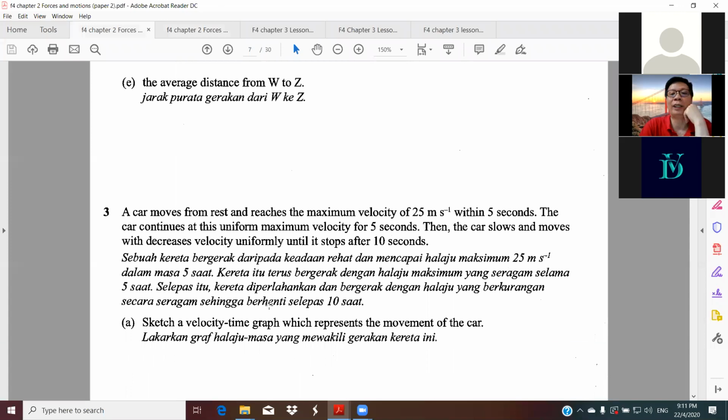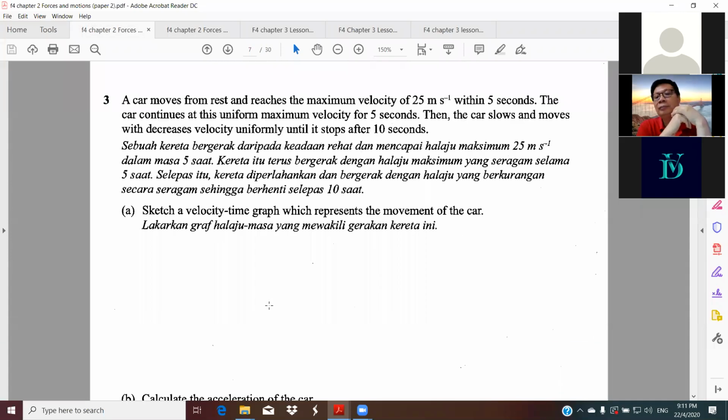Okay, number 3. Read the question, class. The car moves from rest and reaches the maximum velocity 25, starting from 0, within 5 seconds.